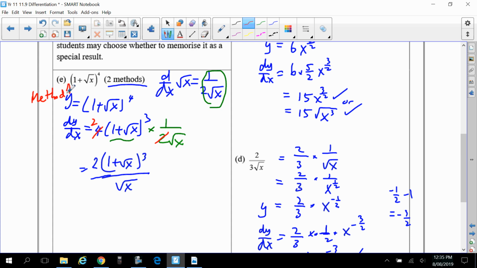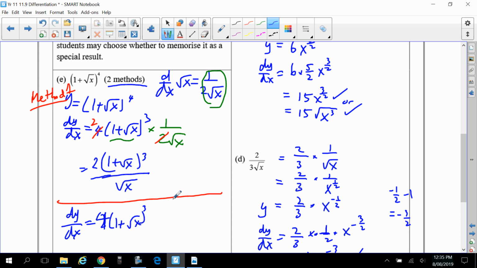If you choose to use the shortcut, which you're encouraged to do, but you don't have to. But if you don't like the shortcut, then you have to use the chain rule. So you will still do the same thing. You still do 2, 1 plus root x, 4, sorry, like that. But you have to write x power half. If you differentiate that, that will be half x power negative half.